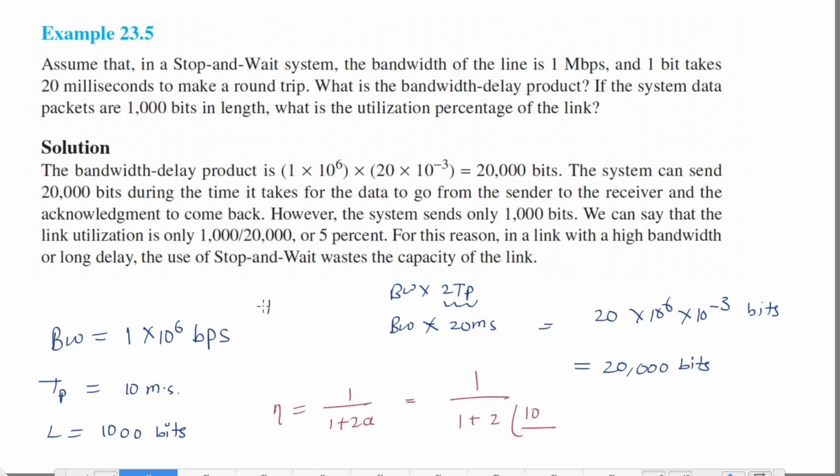Transmission time should be length upon bandwidth. Length is 1000 upon bandwidth 10 to the power 6. So it is 10 to the power minus 3 seconds, which means 1 millisecond, right? So it is 1 millisecond. You need to divide by 1. Now you will be getting 1 upon 1 plus 20, which means 1 upon 21, which is approximately 5%. If you multiply to get the percentage, you will get approximately 5%.